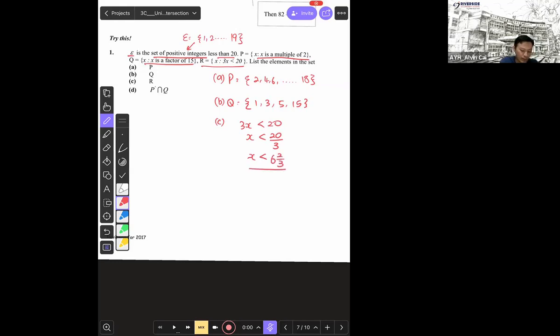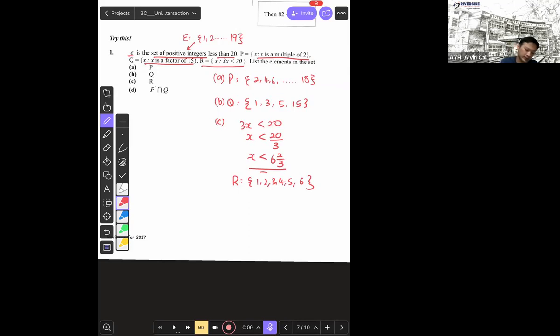So x must be smaller than 6 and 2/3. Therefore, set R will be anything less than that. So it's 1, 2, 3, 4, 5, and 6. Right, so that will be for part C.